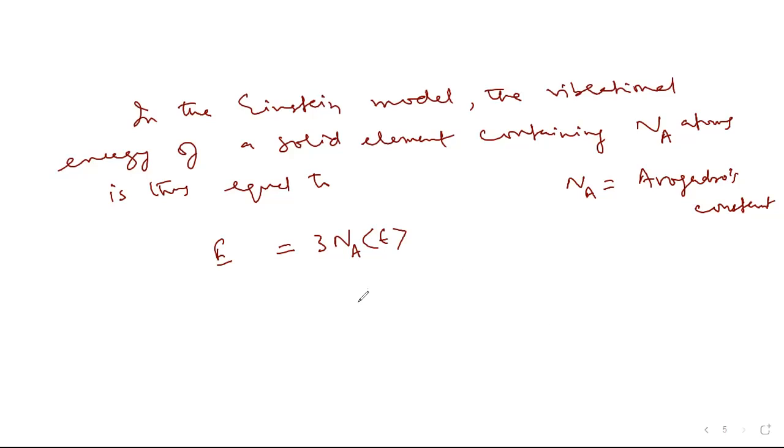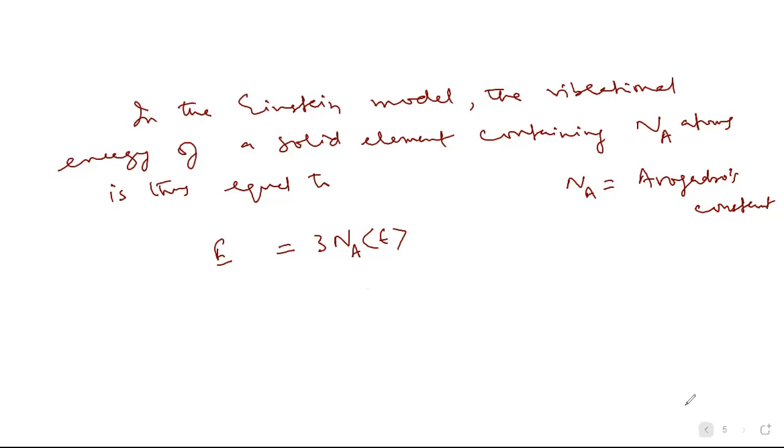Because I have already discussed in the last lecture that the vibrational energy of a crystal containing N atoms is equivalent to the energy of a system of 3N harmonic oscillators, because of oscillations in 3 dimensions.